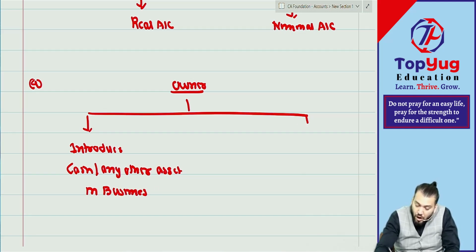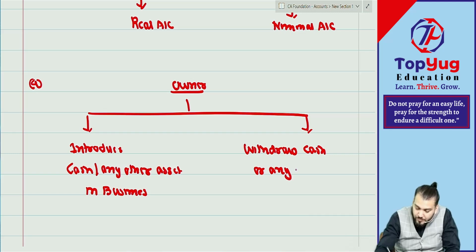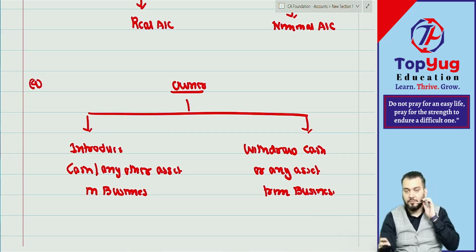Correct. Or he may withdraw cash or any asset from business. Correct now? Understood? Have you understood this point?